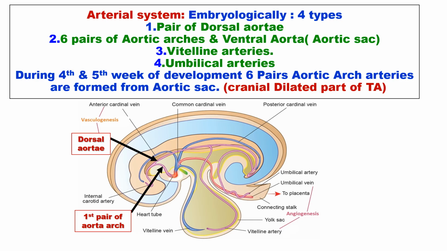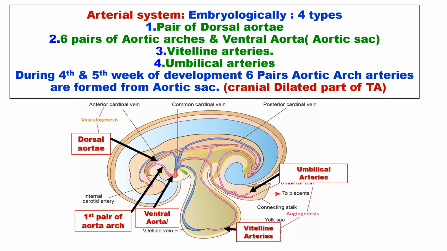These aortic arch arteries arise from the ventral aorta or aortic sac. Then the arteries of the yolk sac are the vitelline arteries, and finally the arteries of the placenta are the umbilical arteries. During the 4th to 5th week of development, six pairs of aortic arch arteries are formed from the ventral aorta or aortic sac.